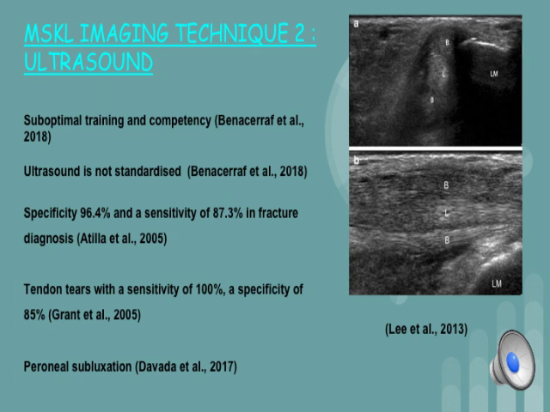A study by Grant and colleagues noted that ultrasound diagnoses tendon tears with a sensitivity of 100%, a specificity of 85%, an accuracy of 90%, and a positive predictive value of 80%. In addition, ultrasound has the ability to detect peroneal tendon subluxations. So for Joanne's case, we would recommend an alternative imaging modality to help diagnose her condition.